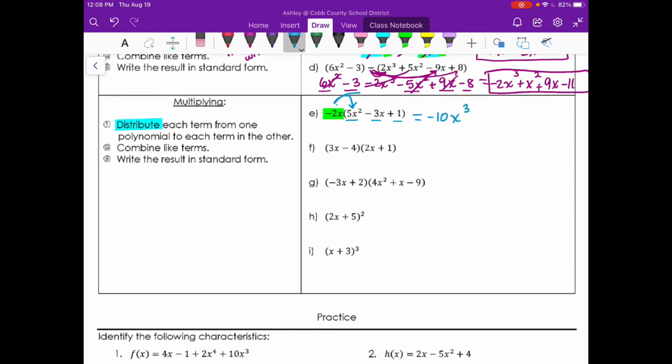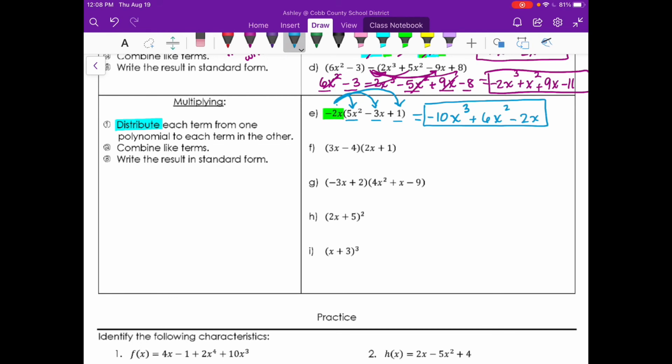Next, negative 2x times negative 3x is positive 6x squared. And then finally, negative 2x times 1 is negative 2x. And my powers are already in descending order, and so this is in standard form with no like terms.